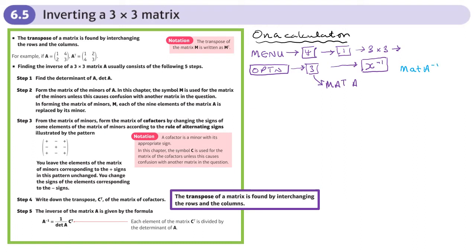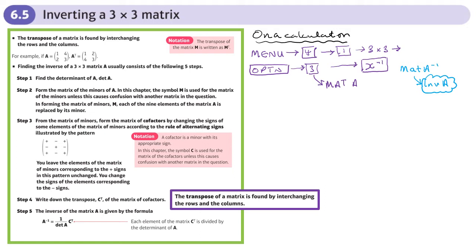If I press equals, it will give me the inverse matrix, so then I'll get the inverse of A. Now if, for example, you get a matrix full of decimals, use your cursor button to hover over an element, and it should come up with what that element is as a fraction. You can use the S-D button as well. So that's just how you go for it using a calculator.